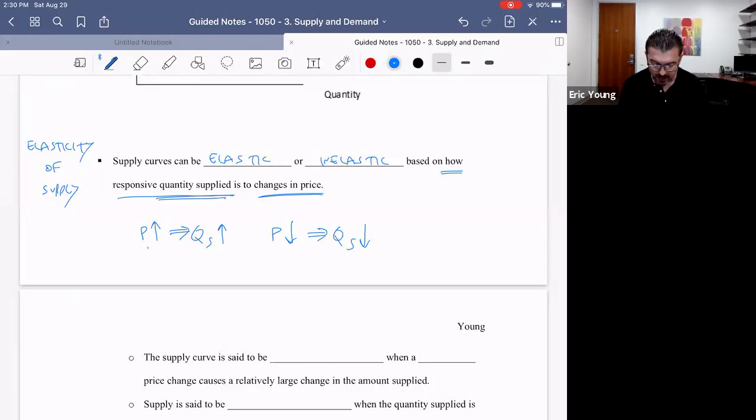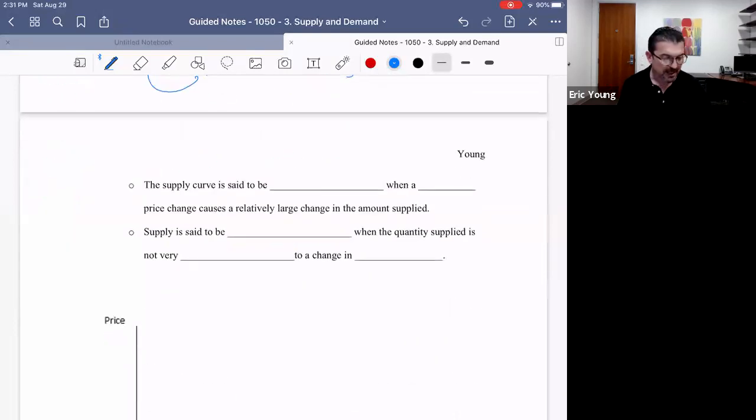Law of supply says if price goes up, QS goes up. Elasticity says how high does it go up? Law of supply says price and QS are responsive to each other. Elasticity says how responsive. And much like demand, we have this idea that curves can be either elastic or inelastic. A supply curve is said to be elastic when even a modest or small change in price causes a pretty big change in quantity supplied.